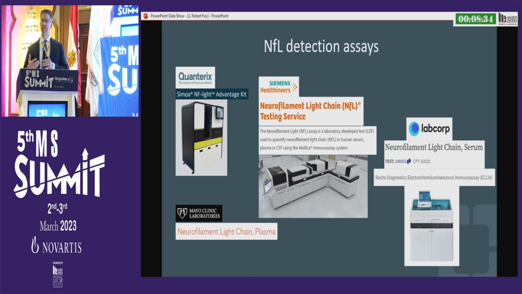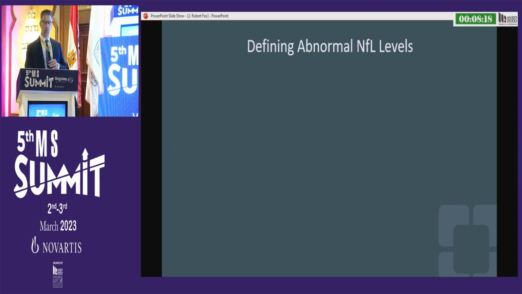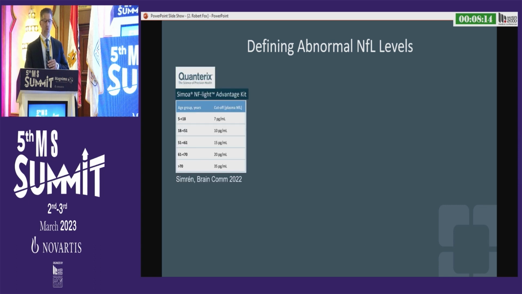There's also some freestanding laboratories like Mayo Clinic Laboratory in the United States. They have an NFL, but if you look a little bit more deeply, turns out they are using the Simoa HDX analyzer, which is this 𝐷 machine. So what is normal? It's important when you use a test, you know what normal would be.